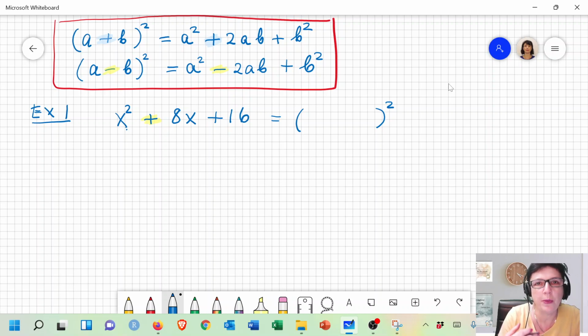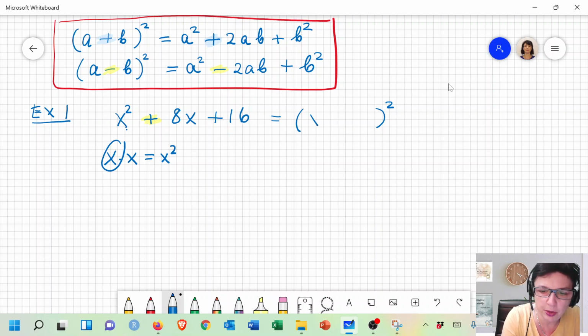What can you multiply by itself to get x squared? Well, everybody knows that x multiplied by x is x squared. So here you're going to have x. Then, because this was a plus, you're going to have a plus over here.